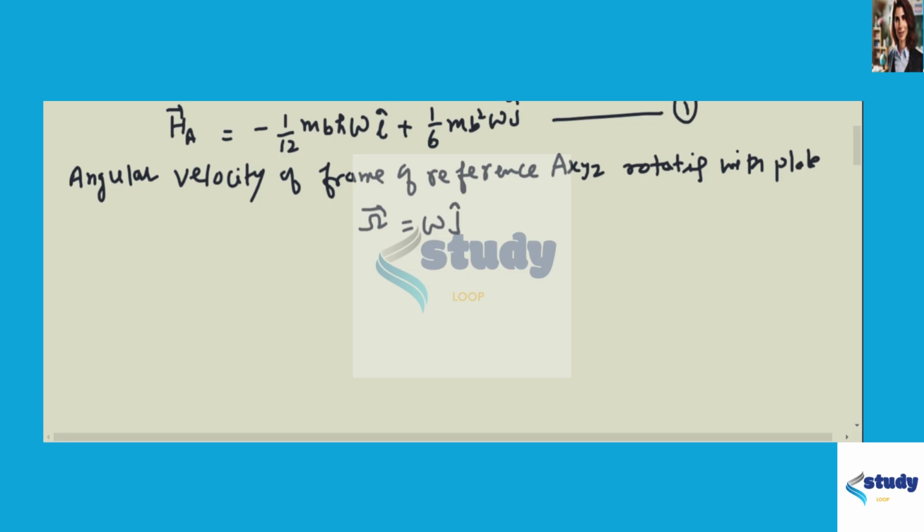So we can write summation of moment about A will be the rate of change of angular momentum of the assembly in the reference frame Axyz plus omega cross HA. Say this is equation 2.